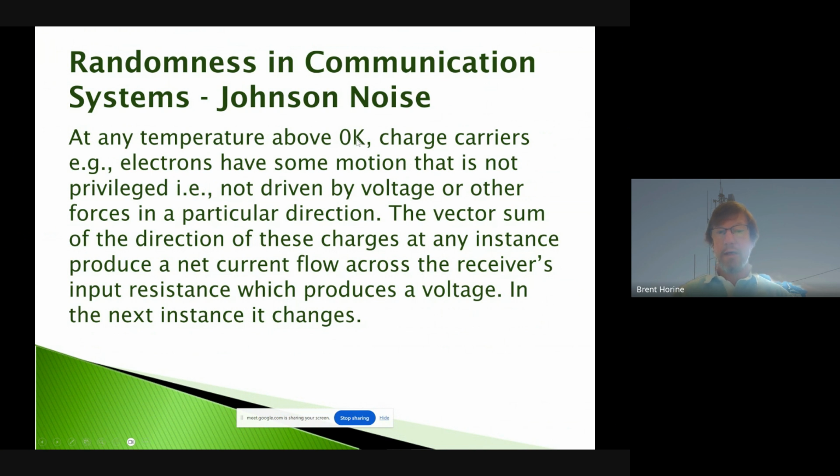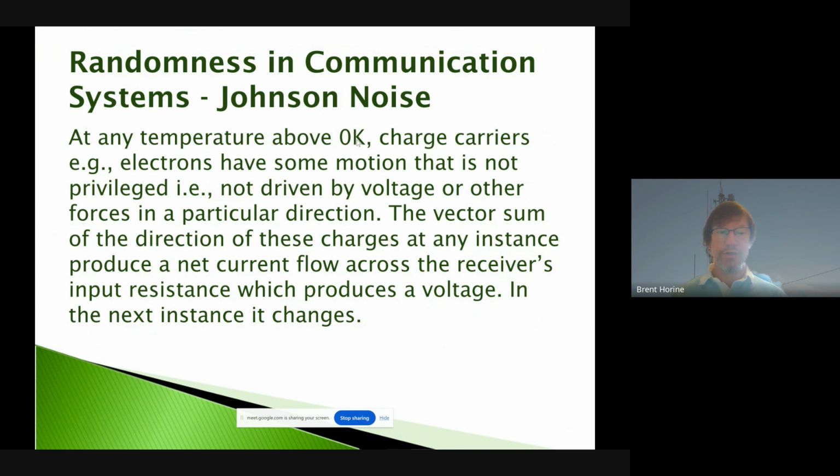We talked about how at finite, non-zero temperatures, we'll have some motion at the molecular and atomic level, and that causes some induced currents as the electrons move, as charges move in a circuit.